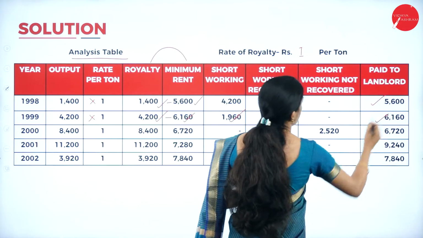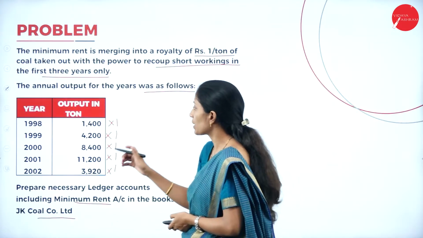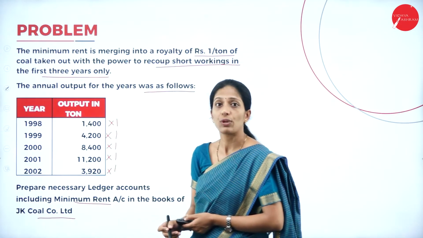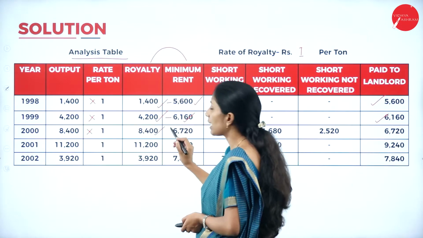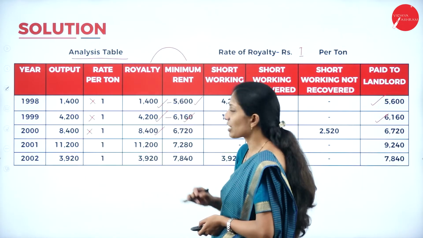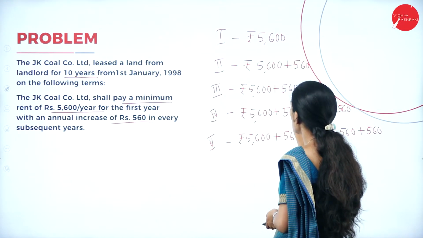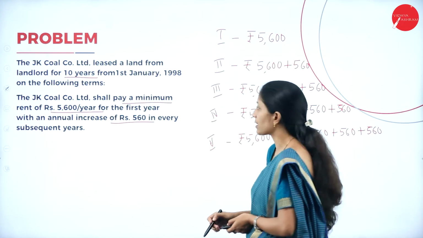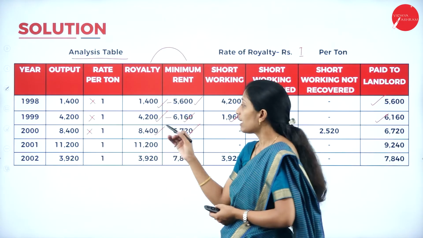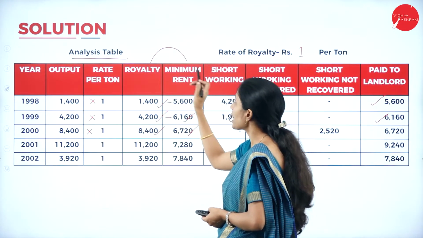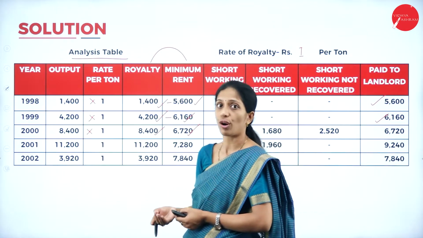So that is 6,160. Now coming to the next year, that is 2000, 8,400 units into 1. So 8,400 into 1, you'll get 8,400. That is the royalty. Then what is the minimum rent? 5,600 plus 560 plus 560, so you'll get 6,720. Now if you see here, royalty is greater than minimum rent, so we can recover the short workings.